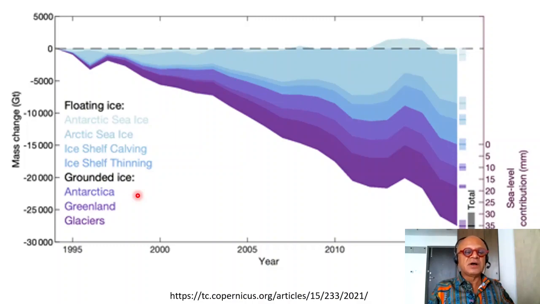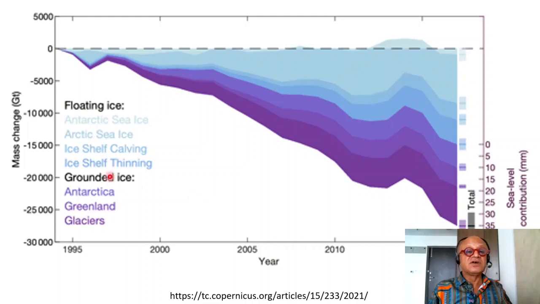Of course, we can just look at mass changes here and sea level contributions since we are on this topic. So this is a nice figure from this Copernicus paper that shows the contributions from Antarctic sea ice. Antarctica has, of course, massive land glaciers, but it also has lots of sea ice.